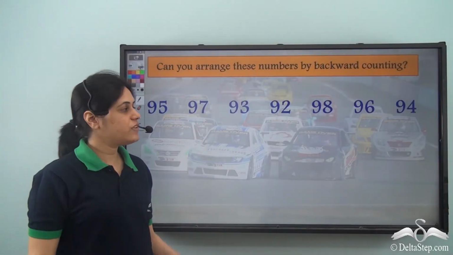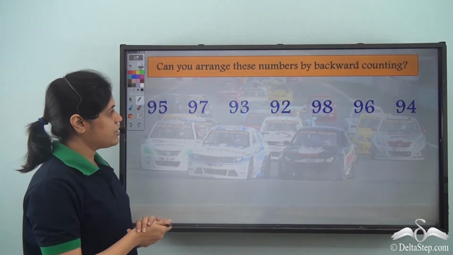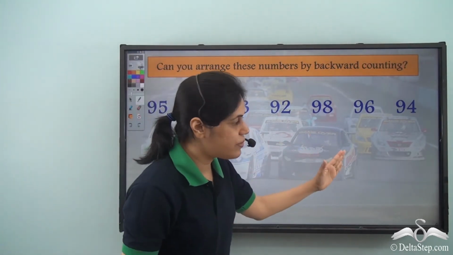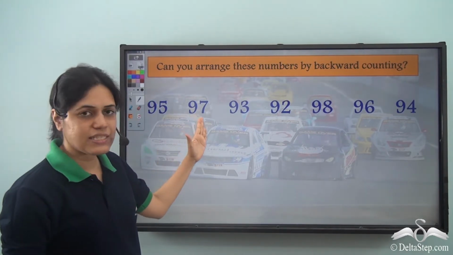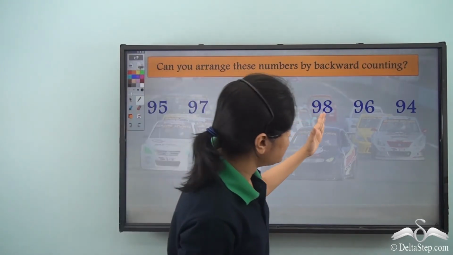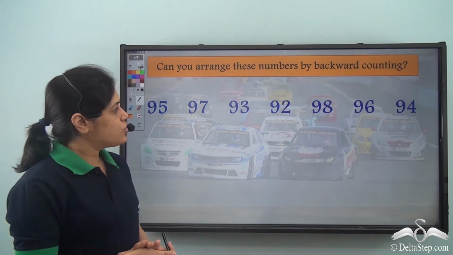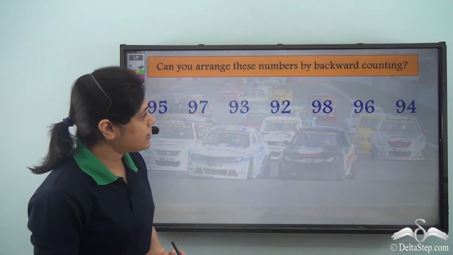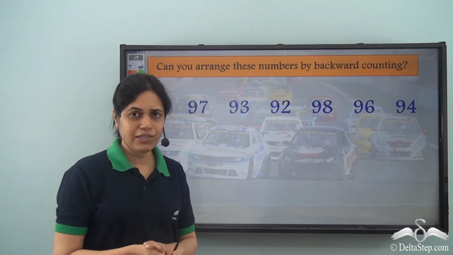So let's try it out with a set of bigger numbers. Well, these are the numbers. What's the largest number here? So we have 95, 97, 93, 92, 98, 96 and 94. So we start with the largest number we know till now. It is 99.